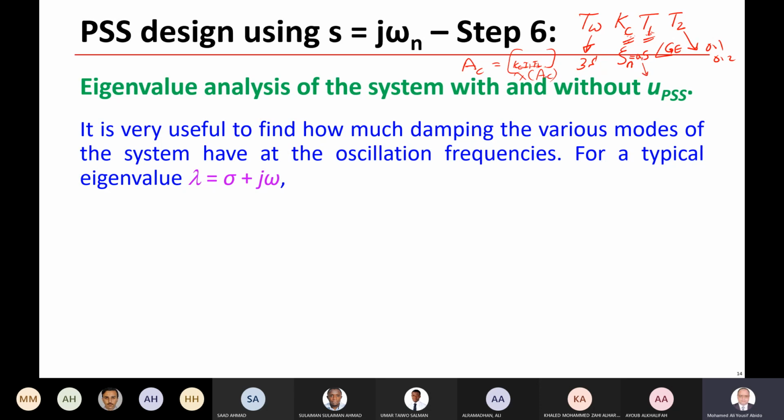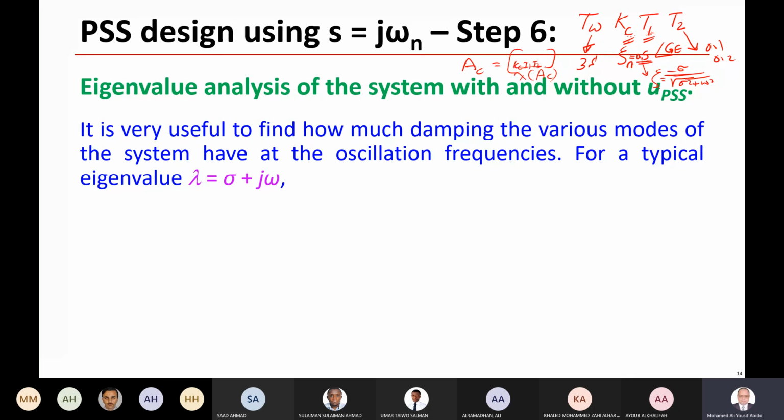So when you calculate the eigenvalues here, you can calculate minus sigma over square root of sigma square plus omega square of the eigenvalue, and you can calculate zeta, and you can see how close this zeta is, after designing the power system stabilizer, to the design specification you set here as 0.5. So this is just to validate your design.